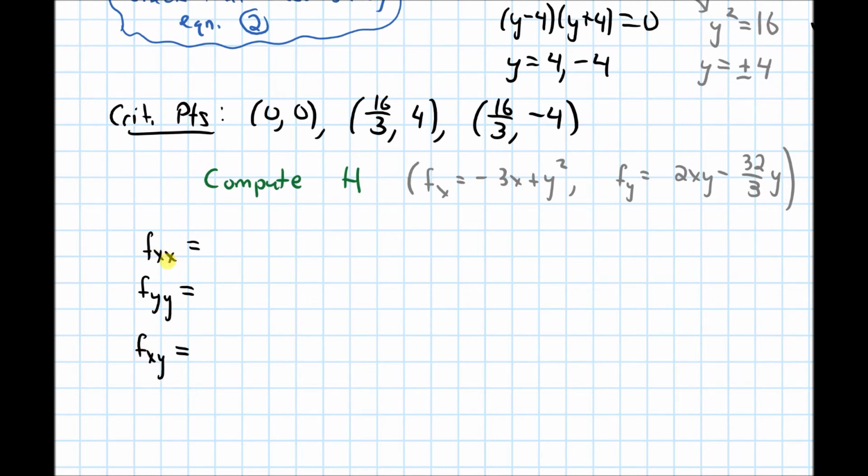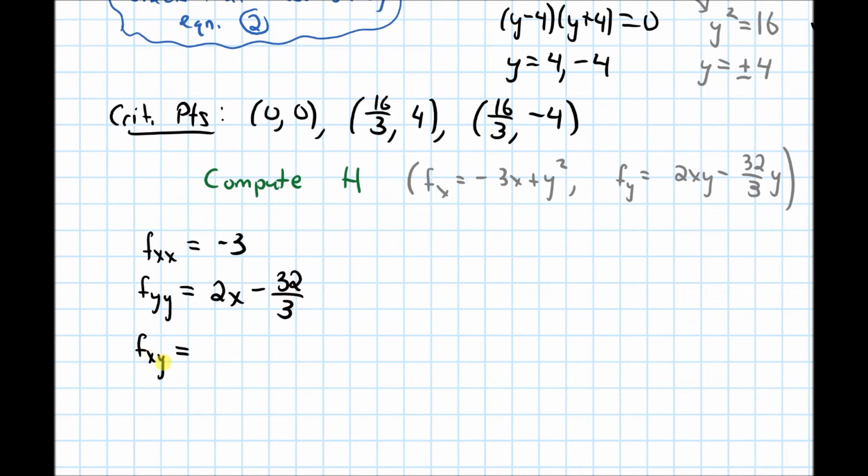For fxx, I look at fx and do the partial of that with respect to x, which is going to be negative 3. For fyy, I look at fy and do the partial one more time, but now with respect to y. So for the first term, that will give me 2x. For the next term, I will get minus 32 over 3.